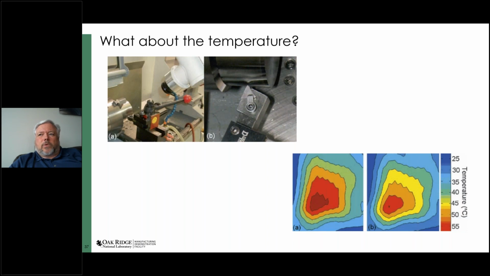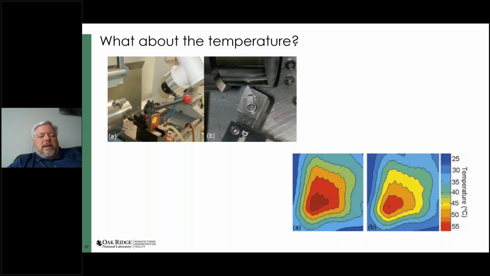And I sort of think about this like, you can stick your finger in boiling water, but not for very long, right? If you dip your finger in and pull it back out, then you can take it. And the tool can do that also. And that's kind of what's happening here.